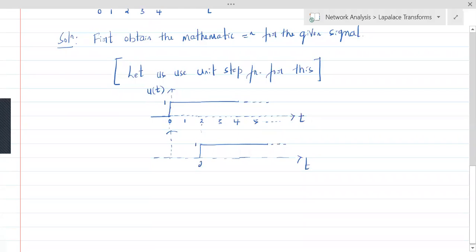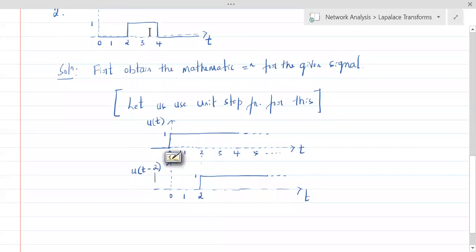So what would you call it? This is represented as u of t minus 2. u of t minus 2 is u of t shifted to the right by 2 units. Remember this. Now, to obtain this, I need another u of t which is shifted by 4 units.